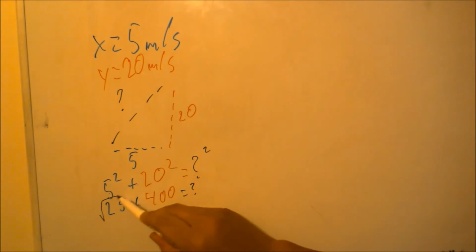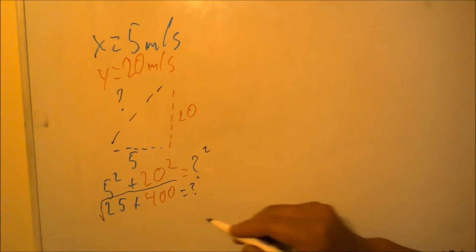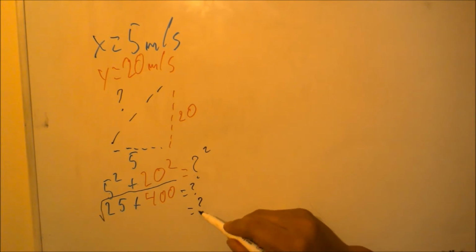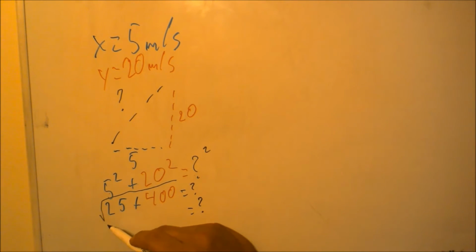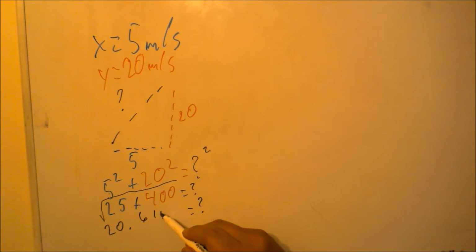So we'll square root this. Then that'll give us about 20.615 meters per second.